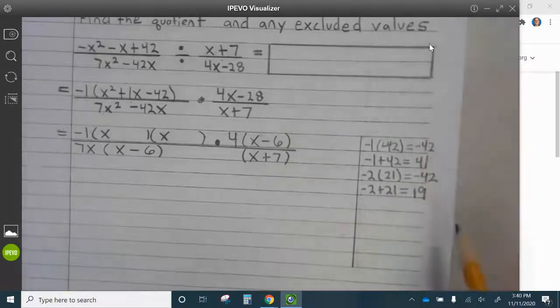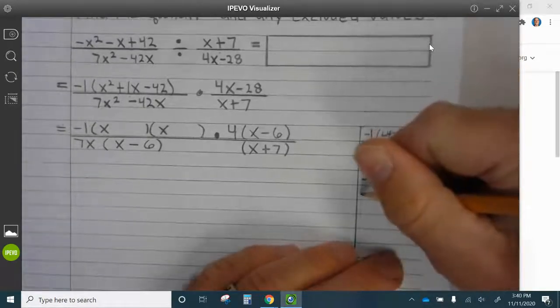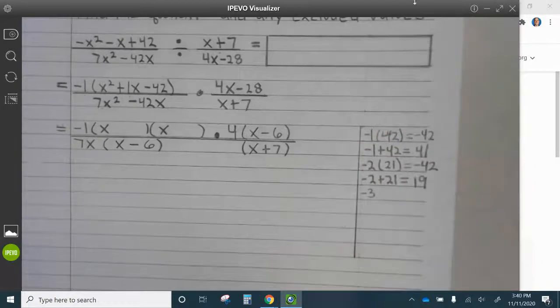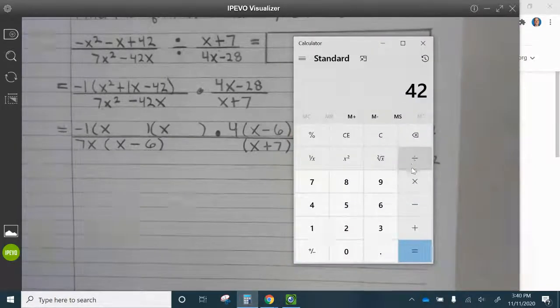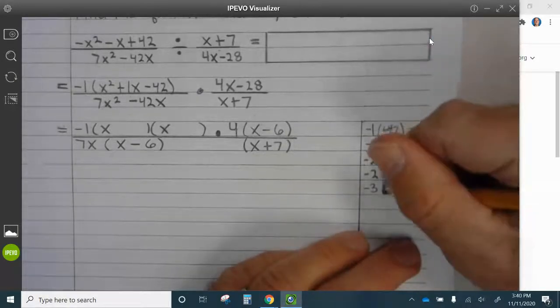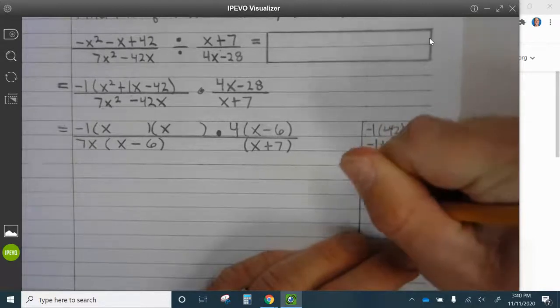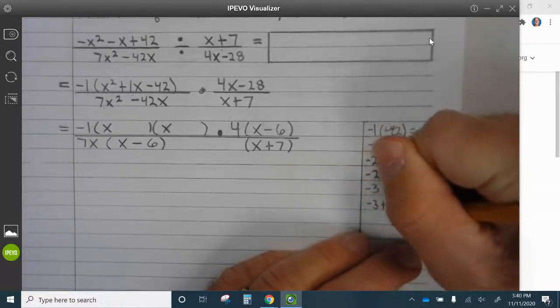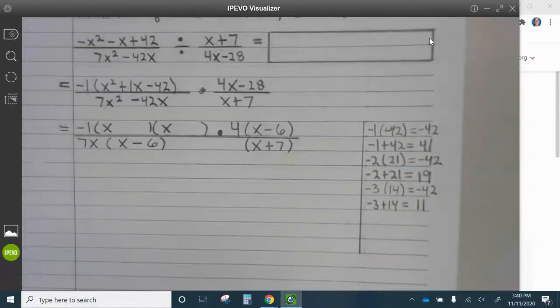We're getting closer, a lot closer to 1. So now let's try -3. And the way I can do this is if I take 42 divided by 3, 14. Okay, so -3 times 14 is -42. -3 plus 14 is 11. So we're getting closer to 1, but we're not there yet.